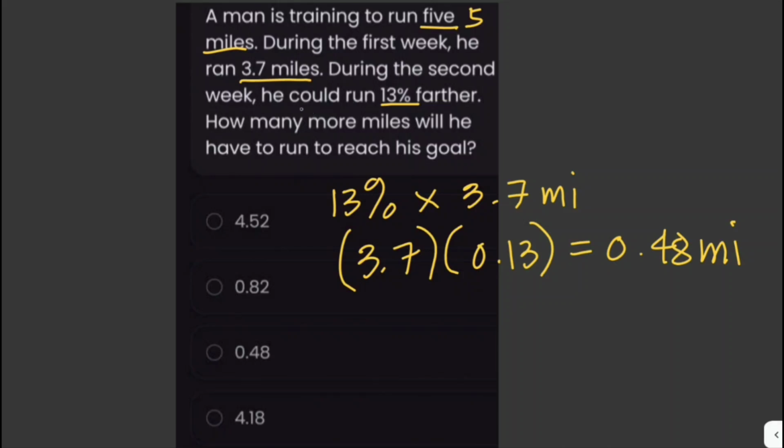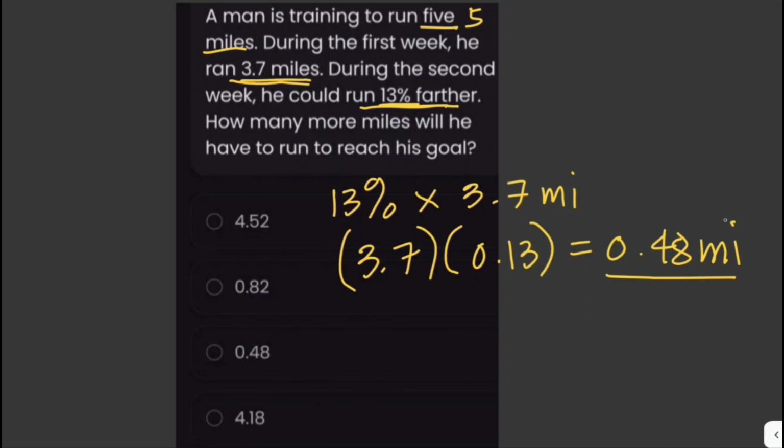Okay, because it says here the second week he could run 13% farther, so 13% farther than 3.7 miles. That's why we multiply 13% and 3.7 miles. So 0.48 mile is the distance he could run 13% farther than 3.7 miles.